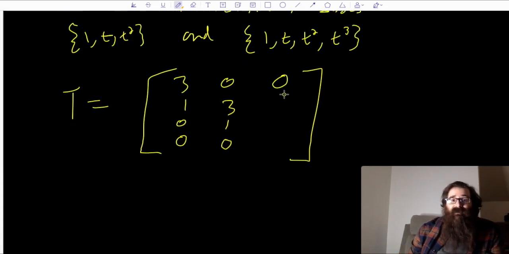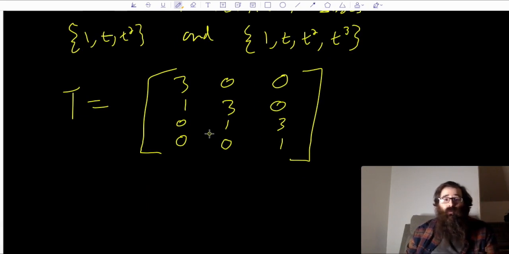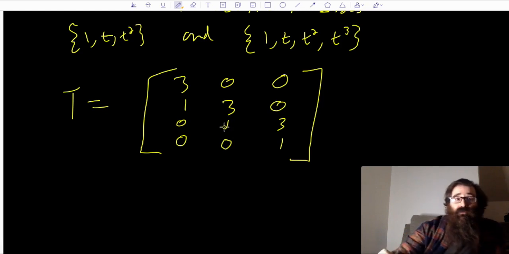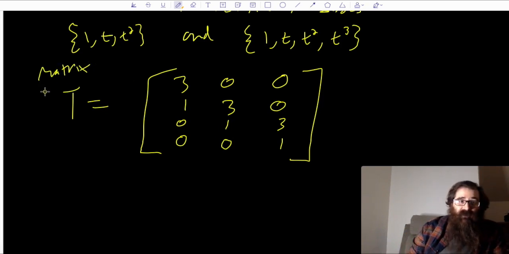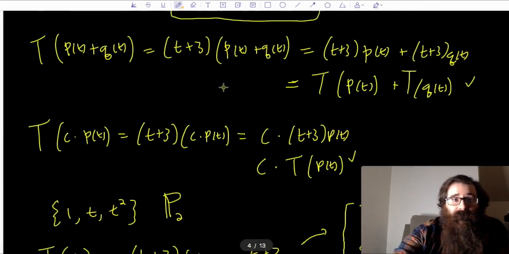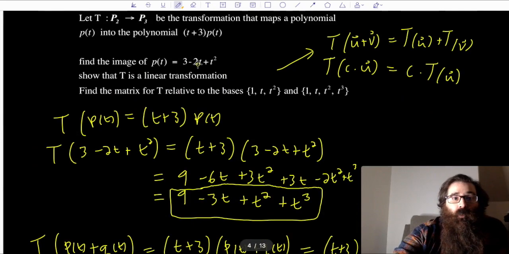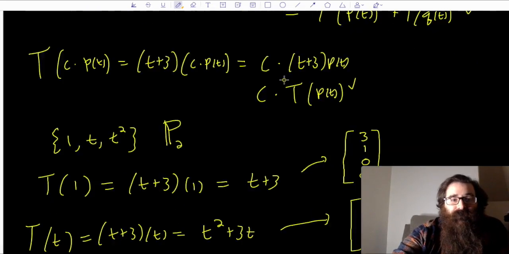Now, since we were asked these questions in a very specific order, we did them in that order. But if I want to go back to, so this is my matrix for T, let me write that. If I want to go back to that first objective, I can use this matrix for T to produce that result. So that first thing said, well, find the image of 3 minus 2t plus t squared.